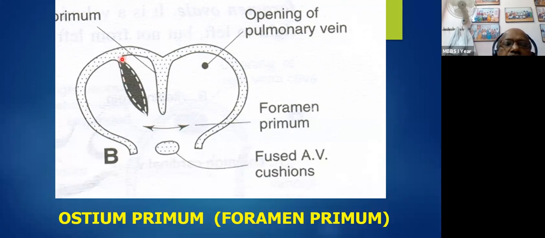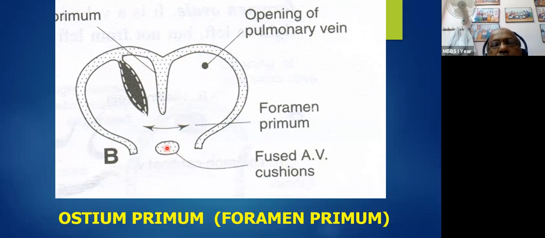So now, during the formation of the interatrial septum, this is the right half of the primitive atrial chamber and this is the left half. This is the AV canal. The AV canal is getting divided into right and left halves by the formation of the AV cushion, which is otherwise called the septum intermedium.